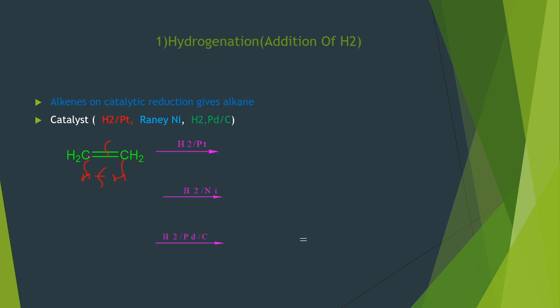Now when it gets one more hydrogen atom, CH2 will become CH3, and also here CH2 will become CH3. Therefore what is the product? So write down the product. Good. What will it be? It is ethane. Good.